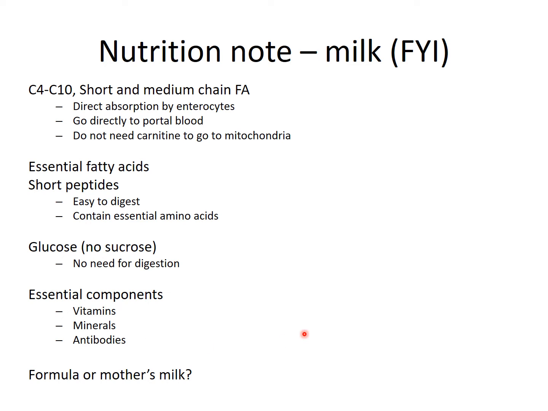So everything is there in the mother's milk, in mammals, not just in humans, to feed the newborn and feed the young. If someone is interested in more, it's interesting to understand why breastfeeding is so important for babies.